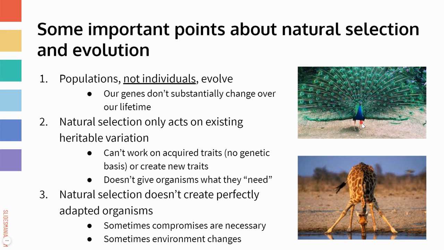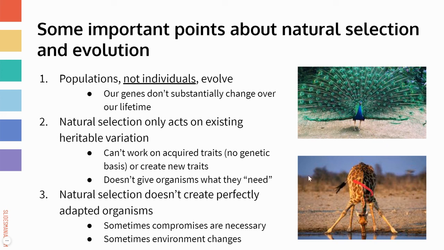But the bigger and more elaborate the tail feathers are, the harder it makes it for the peacock to camouflage, so it's more obvious to predators. And it's also harder to get around. So we can't just have an infinitely large and colorful train. It's got to strike a balance between something that will still allow it to attract a mate, but also allow it to move around enough that it is still mobile.